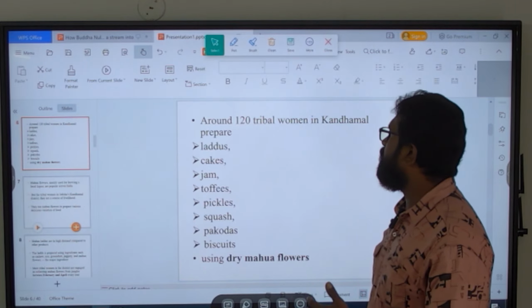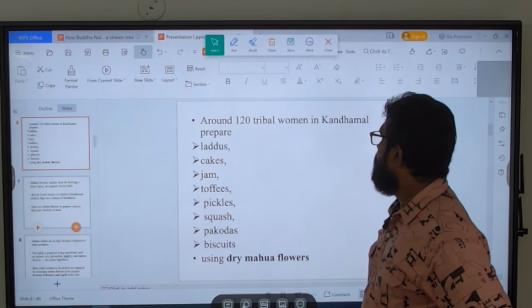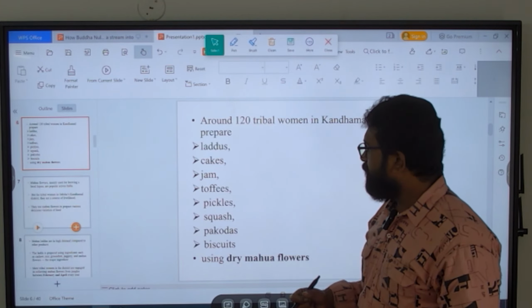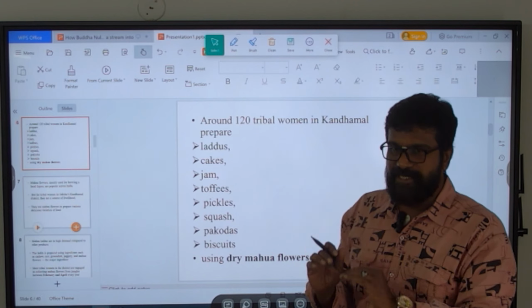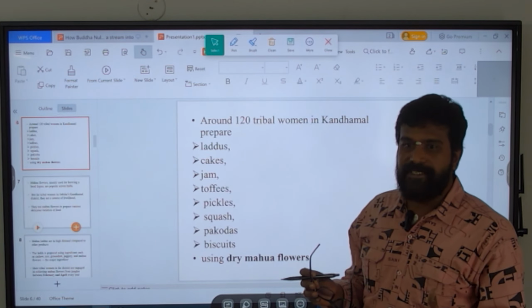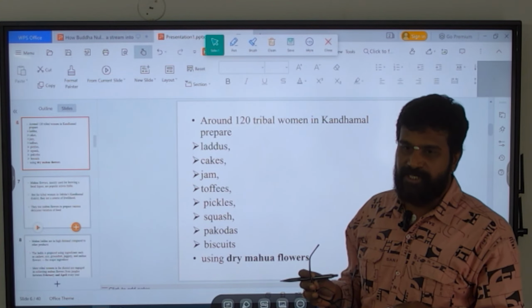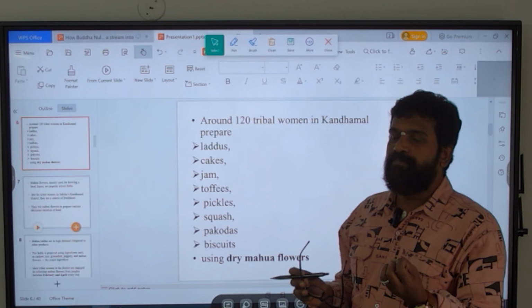what they are preparing: the tribal people who are living there in Odisha are collecting the mahua flowers during a particular season. You know that the spring season, that is in the month of March, is the blossoming season, the flowering season.